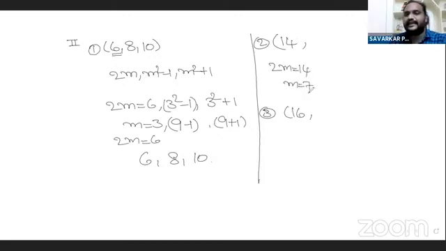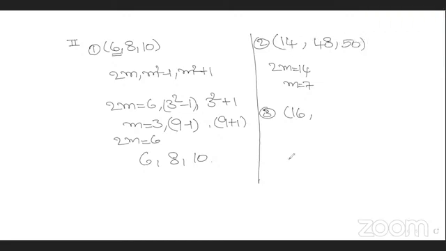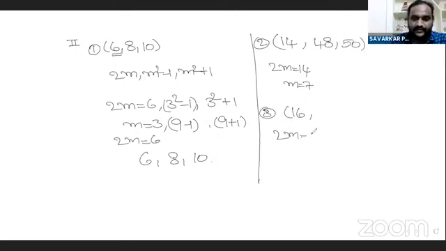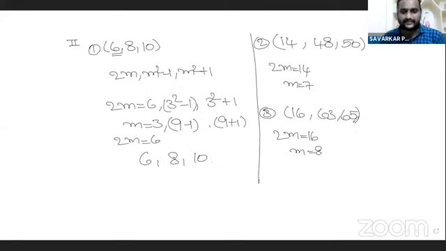So 7 square minus 1 is 48, and m square plus 1 is 50. So 14, 48, 50. If you write 2m is equal to 16, m is equal to 8. 8 square is 64, 63, 65. Right? Yes, sir. So with this pattern also you can generate.